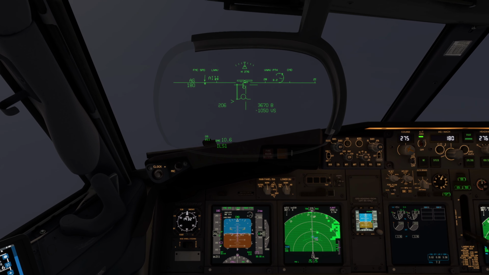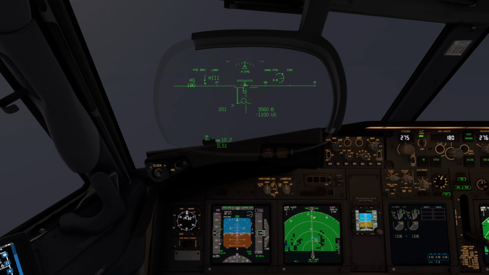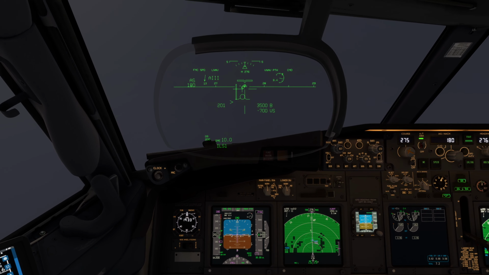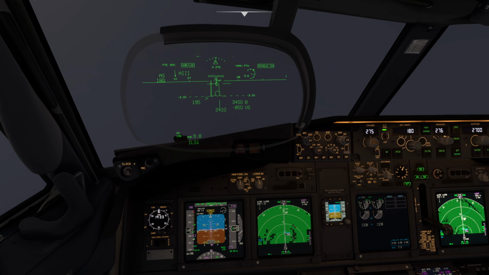With the gear extended, when we are below 200 knots, we set flaps to 15 degrees. The final approach fix is our next waypoint, so we select approach mode.